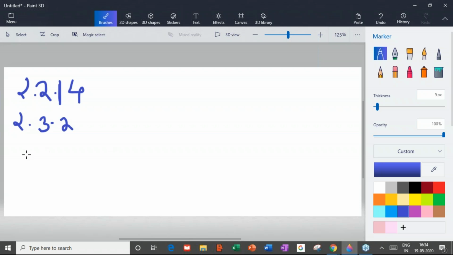Then I want you to try 2.3.9. These are all little tricky questions, so please try them so that you have an idea whether you're able to solve them or not. And if you're not able to solve them, ask on the group, ask me, Lohit sir, Lasya ma'am, anybody, or your friends, but try to solve these. And one more, 2.2.8.